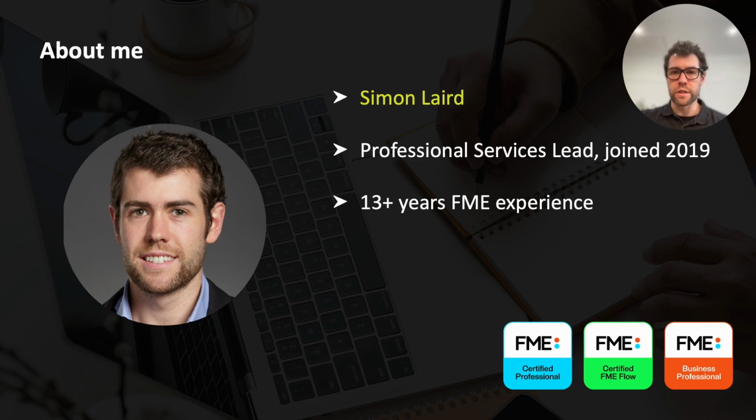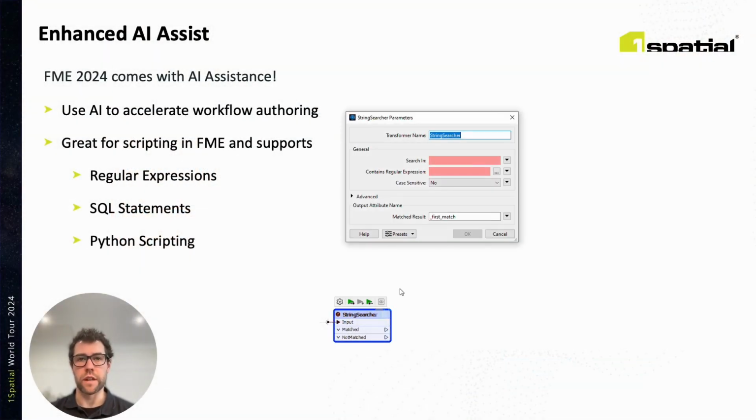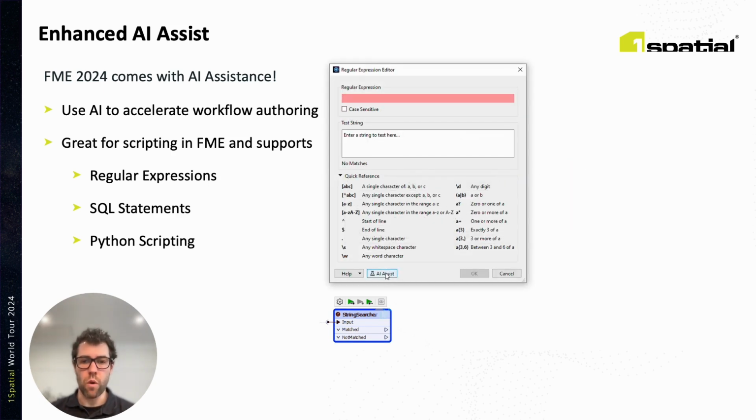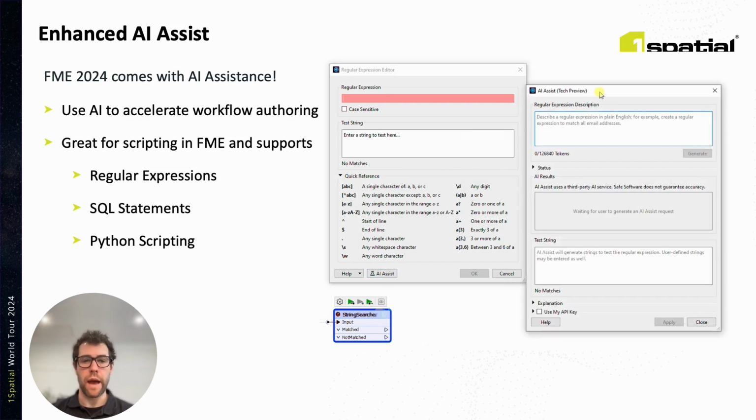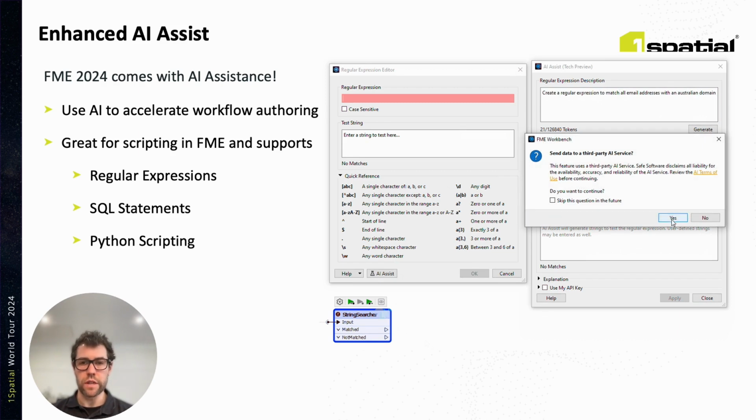I'm here to talk to you today about the AI Assist function that comes within FME Form 2024. What this enables us to do is to quite quickly and easily build very powerful functions within a range of transformers. Firstly, to build regular expression statements, which are typically used for manipulating or extracting parts of strings.